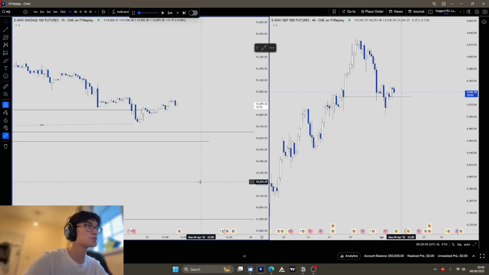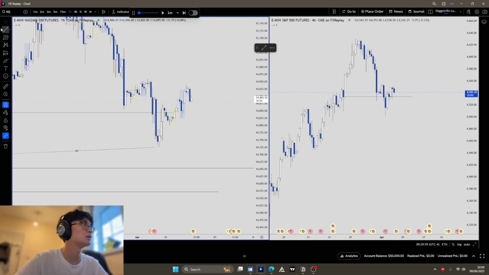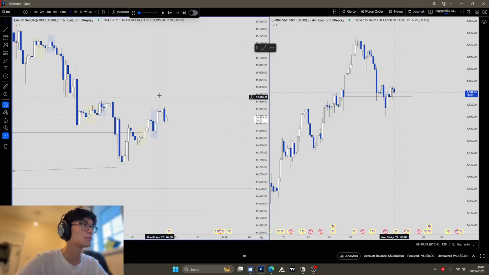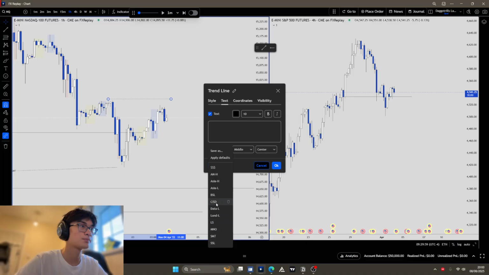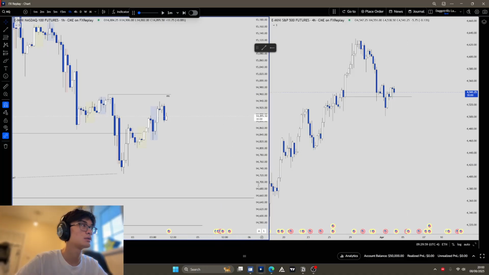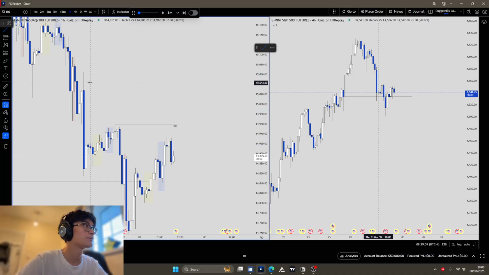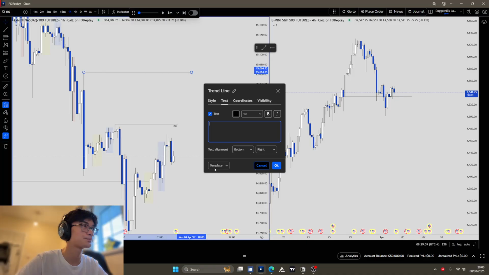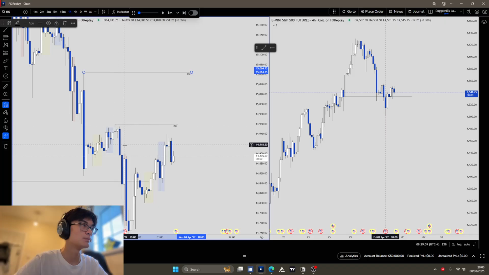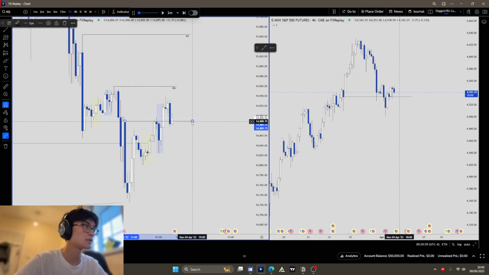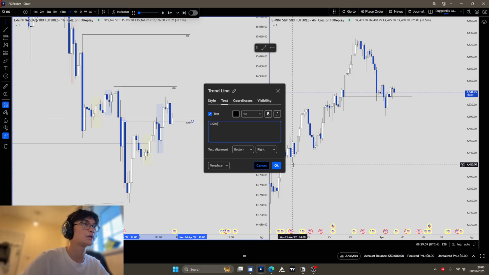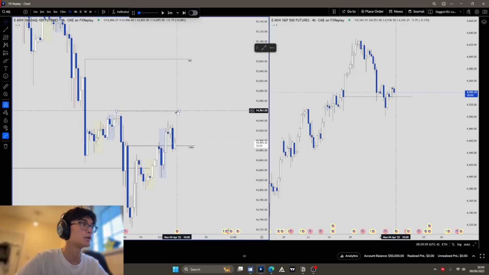So perhaps want to see a long here. We have buy side up here. And let's see how far out this one goes. Okay, so we have this draw up here as well. So this is probably the least I think it could go, but I could definitely see it coming up here.